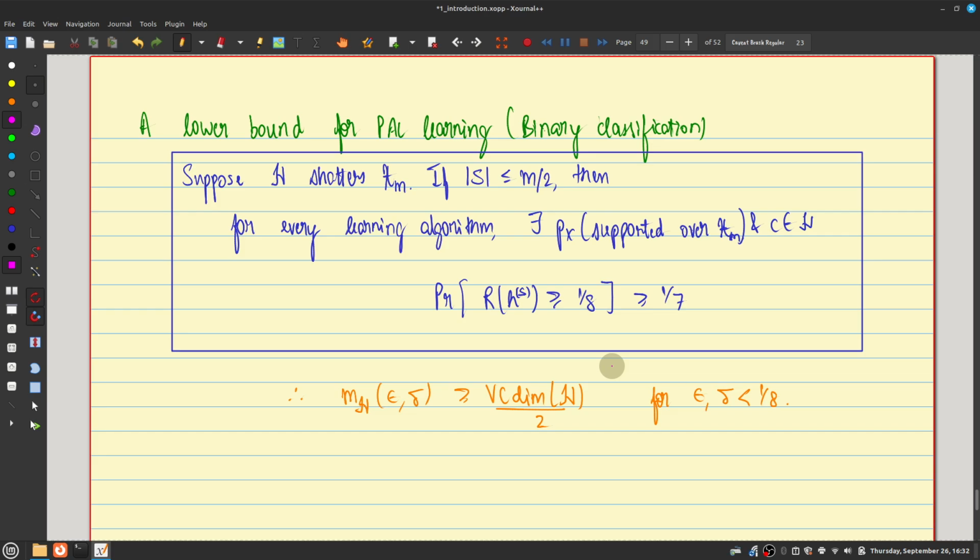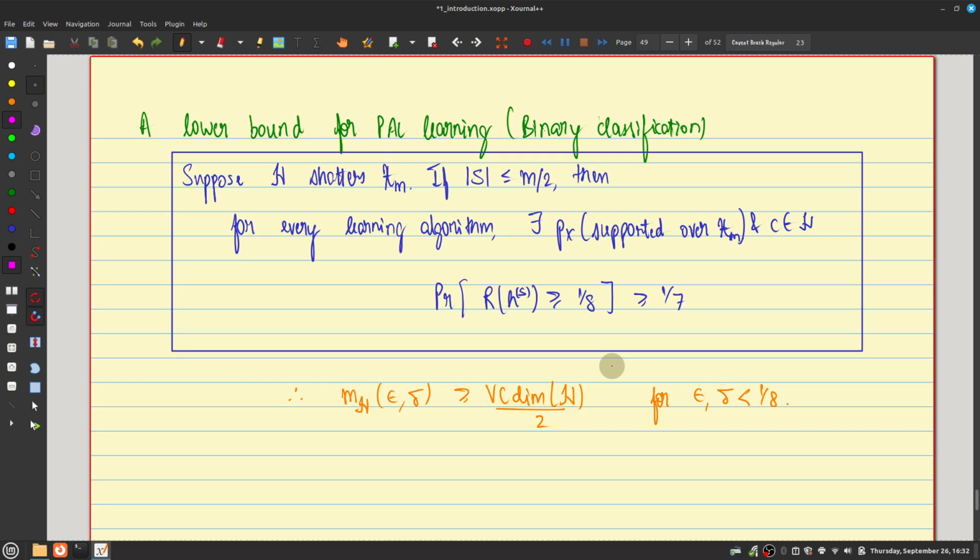as I had briefly alluded to in the last class, the VC dimension essentially gives a lower bound on the sample complexity of PAC learning. Okay, it's a very simple lower bound, and you can state it as follows using the no free lunch theorem. So suppose that H shatters Xn for some finite set Xn.